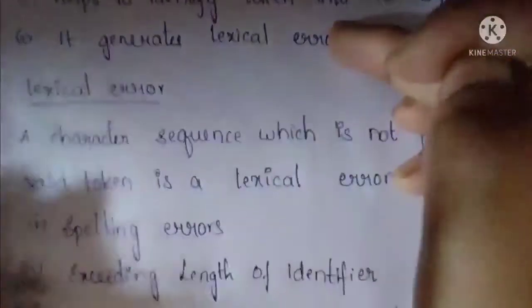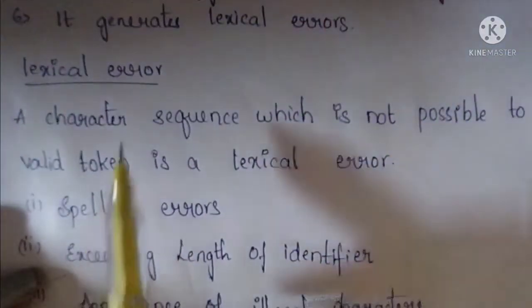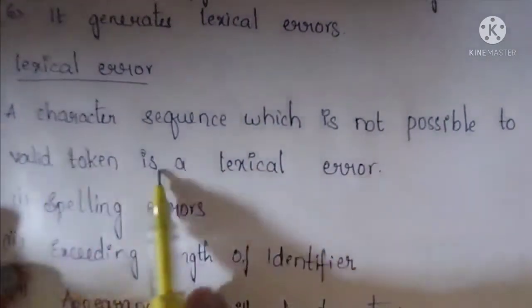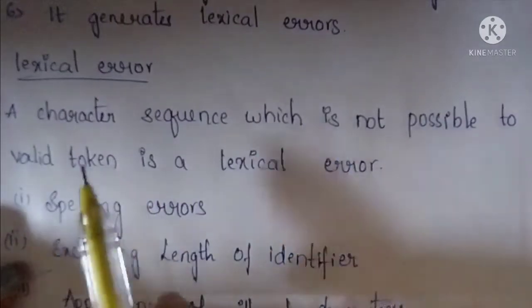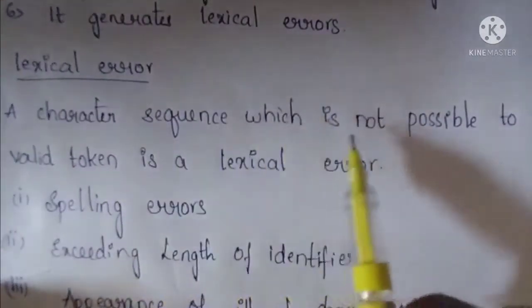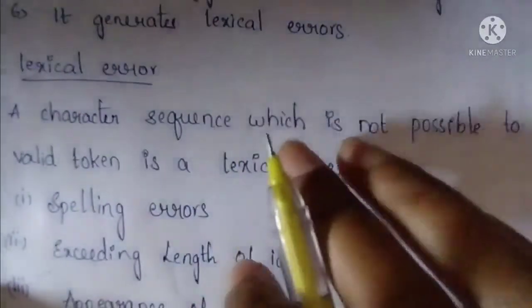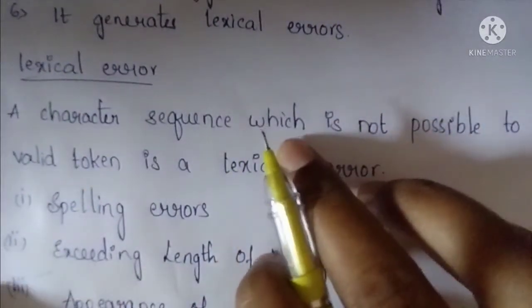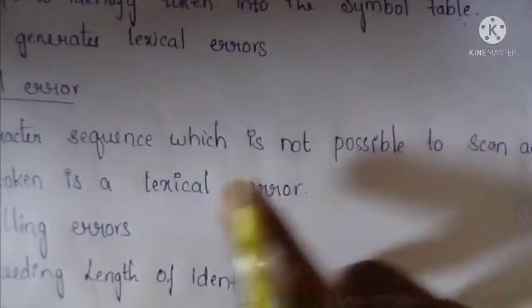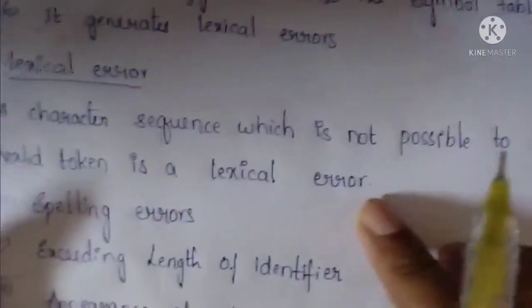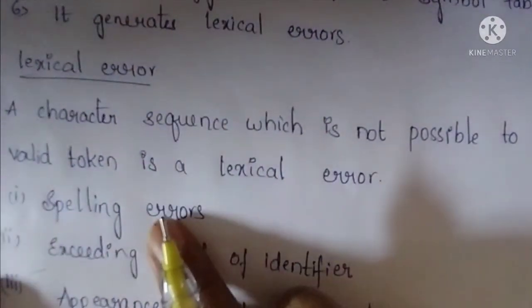In lexical errors, there is a character sequence which is not possible to scan as any valid token. While reading the characters in the source program, if you are not able to scan particular characters, it will be a lexical error or spelling error. If you miss characters, we have spelling errors, and it will show lexical errors.